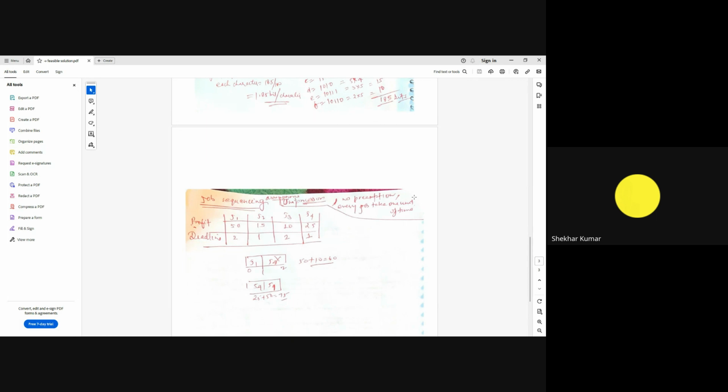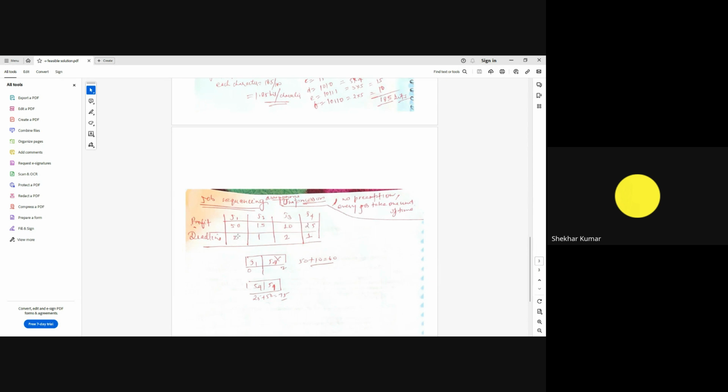With the help of an example, you can understand more. Here you can see you have four jobs: J1, J2, J3, and J4. Each job has its profit and deadline.